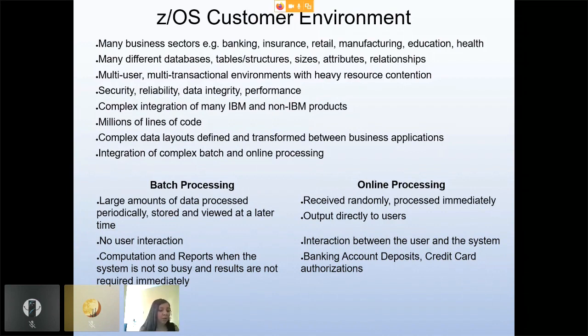It could be a teller doing the account transaction on behalf of the customer. So there is interaction going on between the user and the system. So like I said, some of the examples are account deposits or credit card authorizations, which cannot wait till the end of the day and they need to be processed right away.